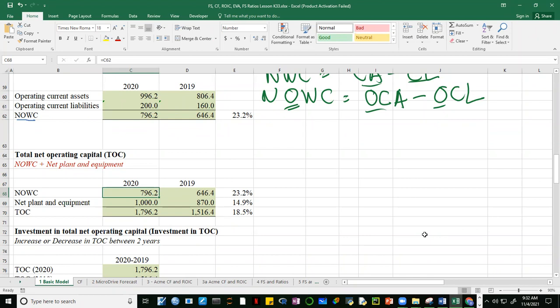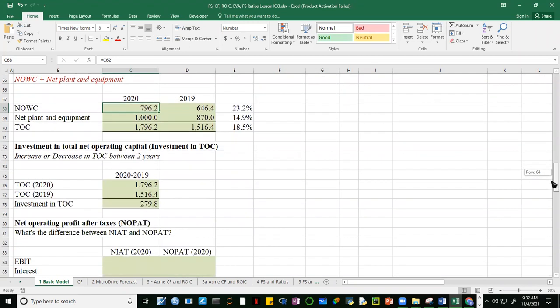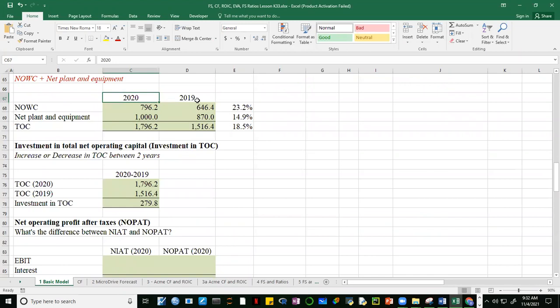Okay, so now we have computed TOC for 2020 and 2019. We computed these two because we need them to compute the investment in TOC. We can only compute this if we have two successive years. This is just the increase or decrease in TOC between 2 years.